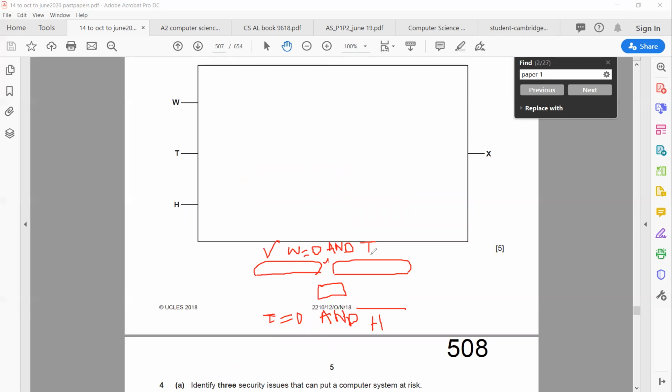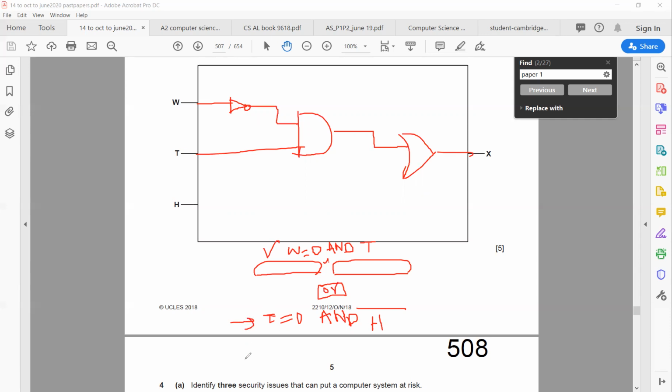W, 0 and T. So for 0, you will put NOT gate, always remember this. And T, okay? And then we have OR in between.